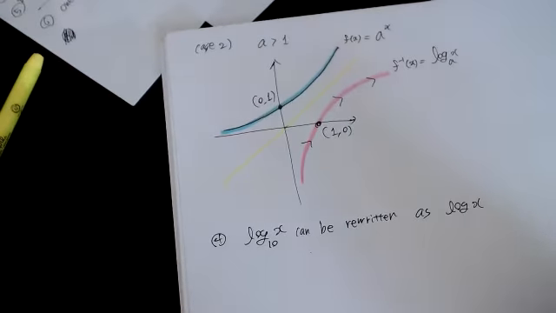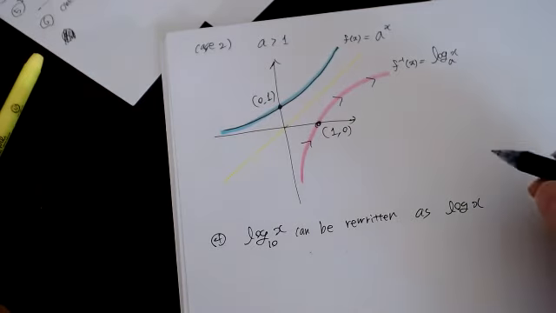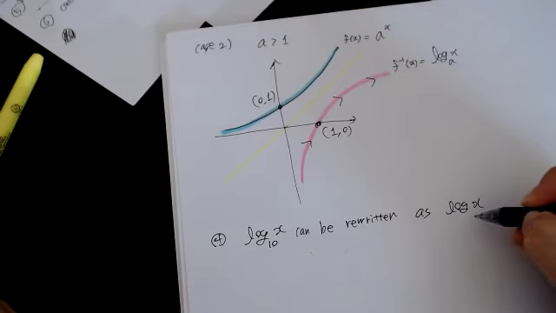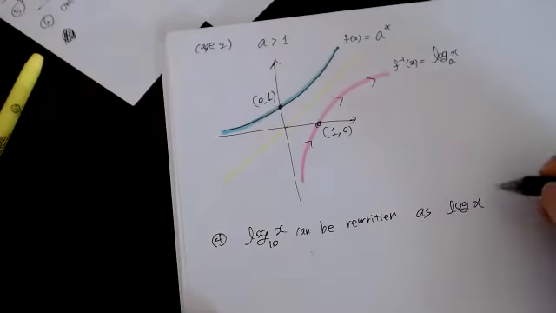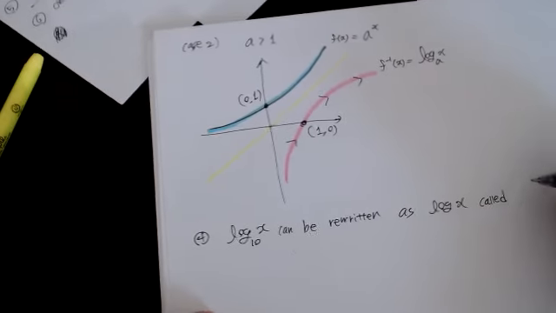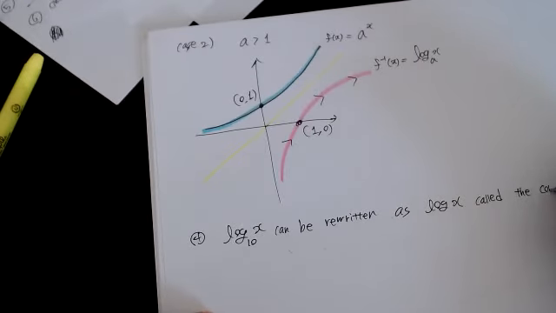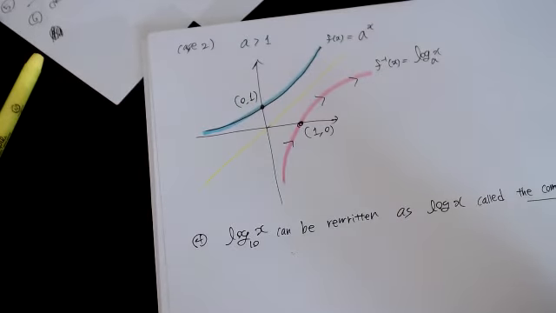If you got problems about logarithmic functions and you don't see the base at the bottom, that means this is log with base 10. That is called the common log. Common log means the log of x with base 10.